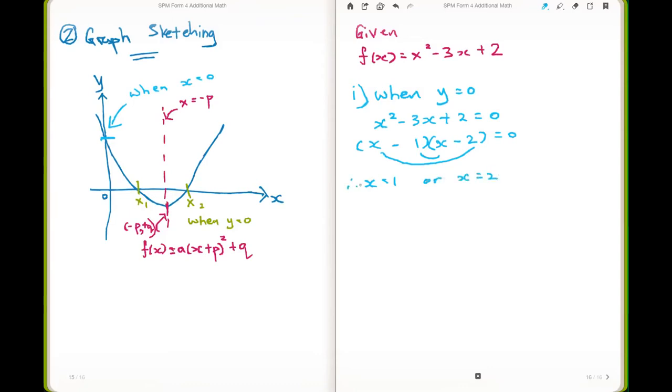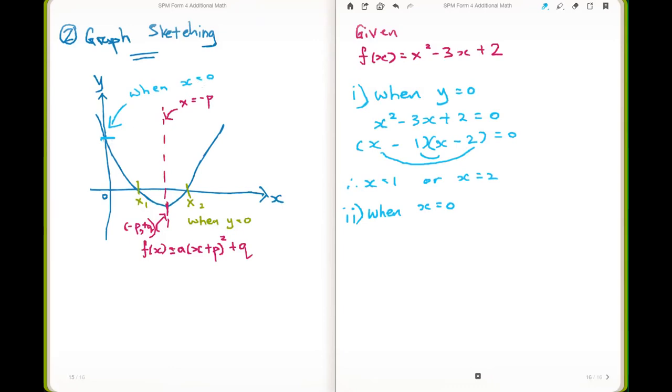First part, you find out what is when y equals 0 here. Then, second part, oops, the color is different. Second is when x equals 0, which is here.